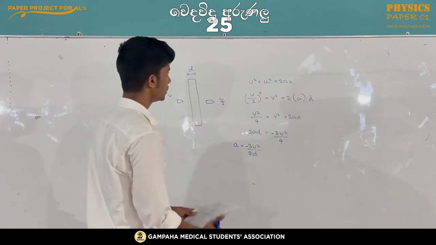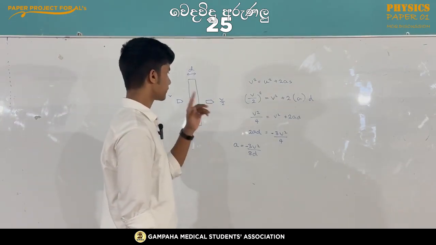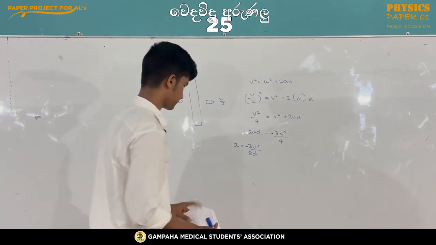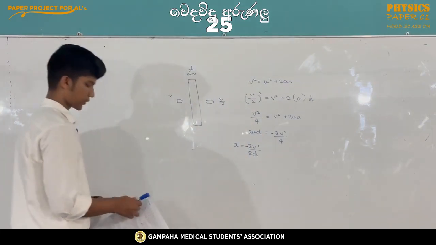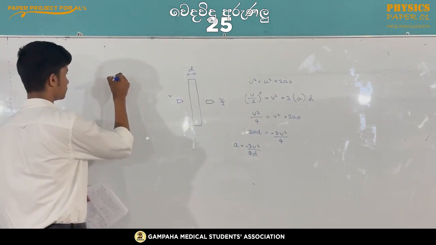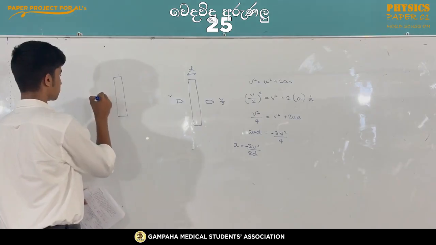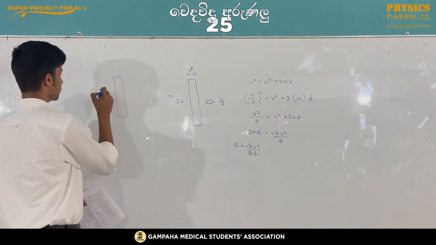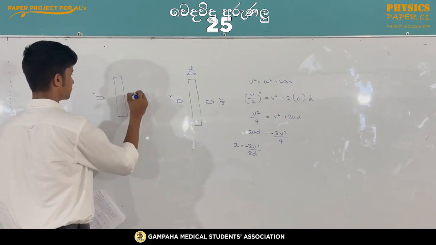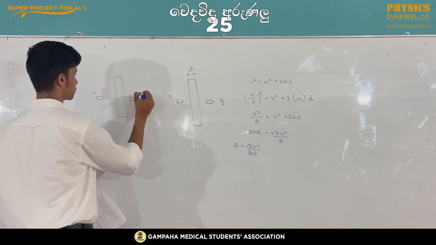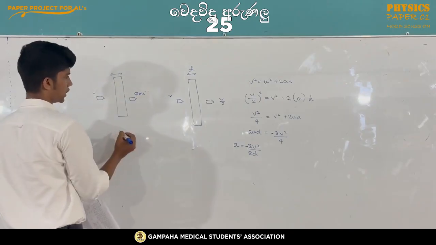So we have to find out what's the thickness of the glass sheet that is required for this bullet to stop within the glass sheet. So in the second scenario, the initial velocity of the bullet is V, the final velocity is 0. We don't know what the thickness of the glass sheet should be.